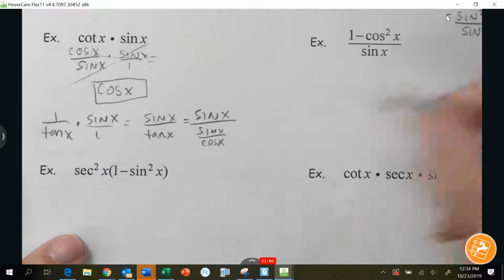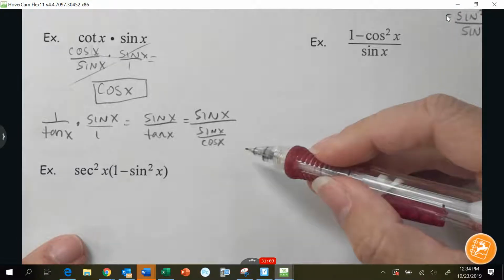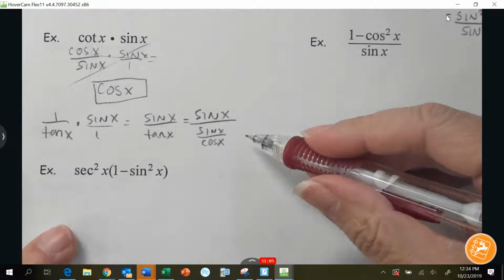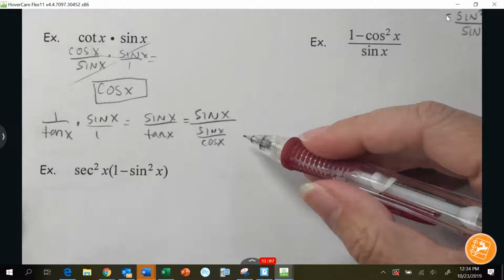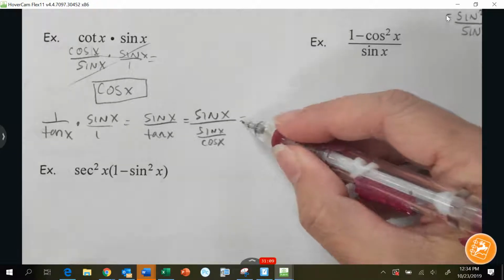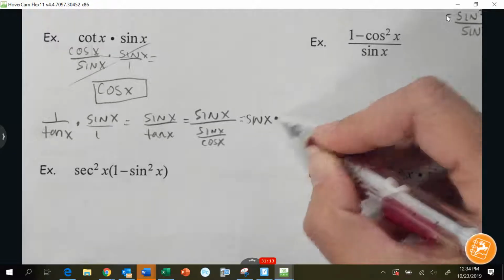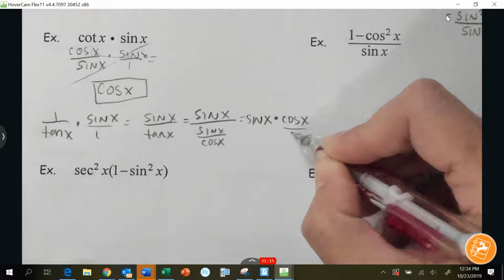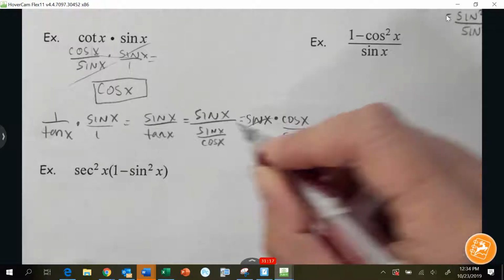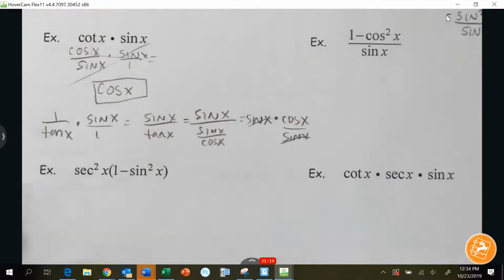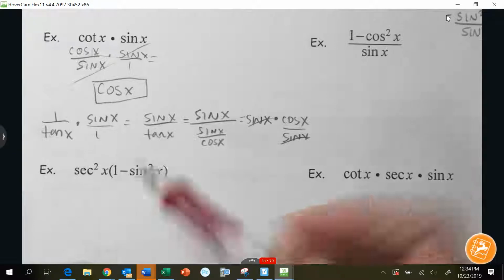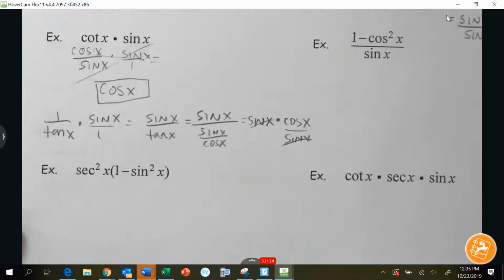And then I might say, instead of dividing by a fraction, what could I do? Instead of dividing by a number, I could take sine x and multiply by the reciprocal, cosine x over sine x. And then those cancel and we get the same answer. So you can get there from either method, just one of them shorter. But you won't know until you try it yourself.